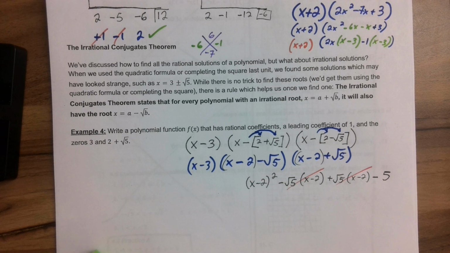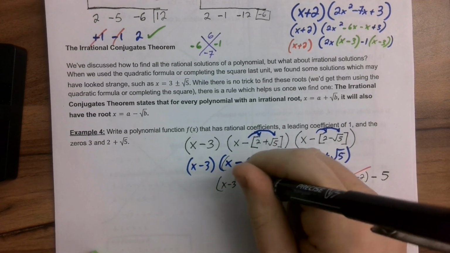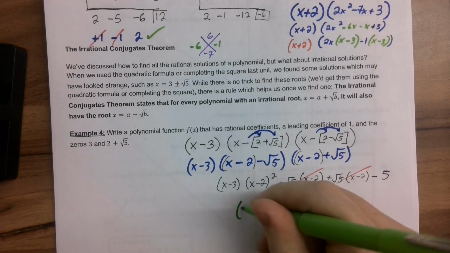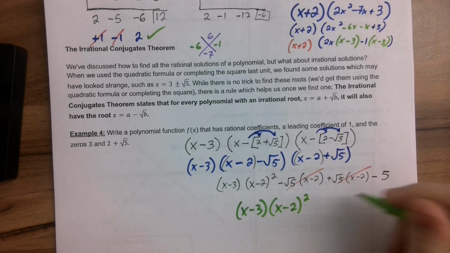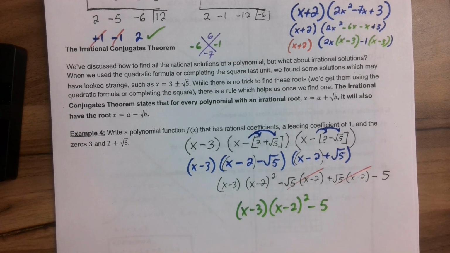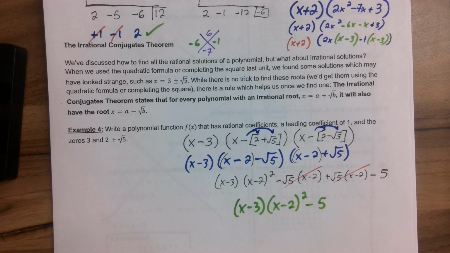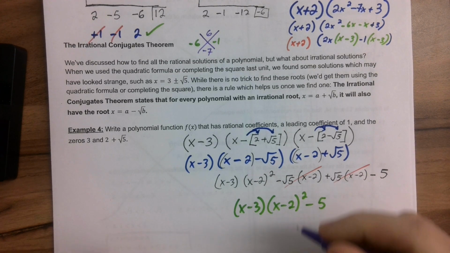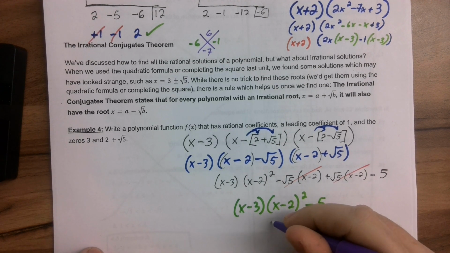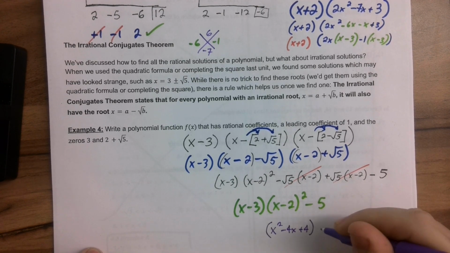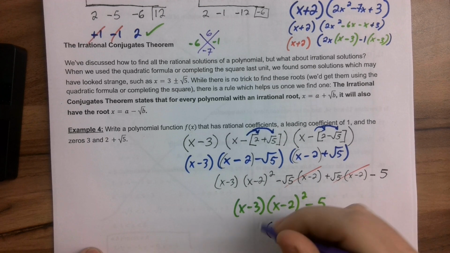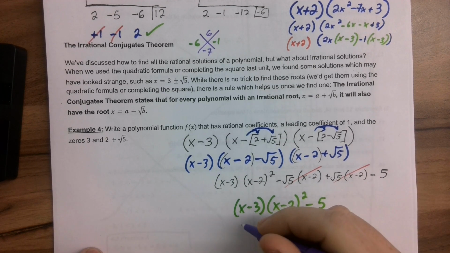What we're left with is, oops, I forgot my x minus 3 at the start. We get x minus 3 times x minus 2 squared minus 5. x minus 2 squared can be FOILed out into x squared minus 4x plus 4, minus 5, times x minus 3.